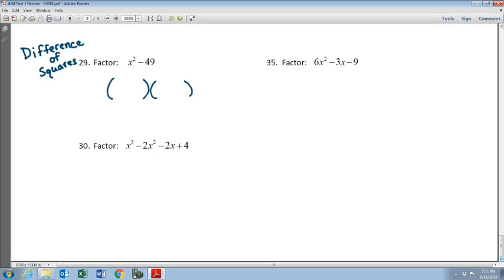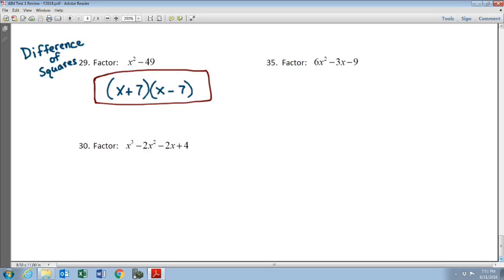In fact, we're going to get two binomials, and the first term in each of these is going to be the same. It's the number times itself that gives you x squared. Well, that's just x. And then for the second terms, we're looking for the number times itself that gives you the 49. Well, that would be 7.